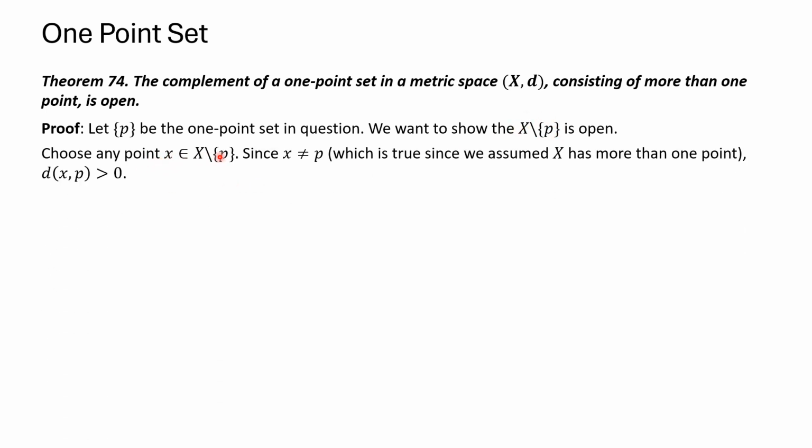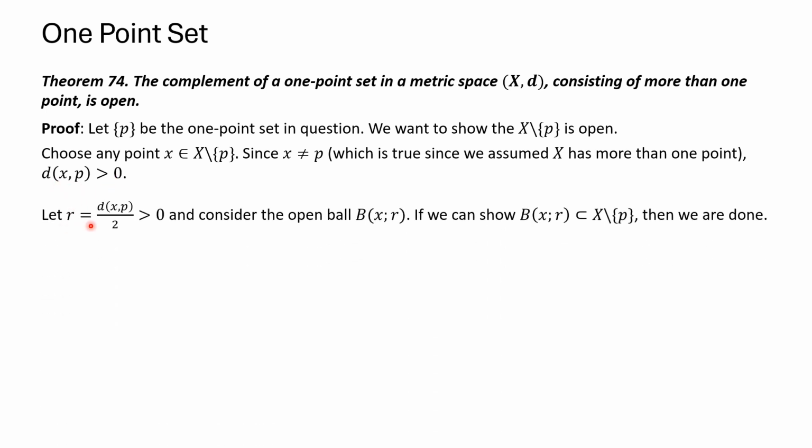Choose any point X, an element of the complement of P. We know that X doesn't equal P. That implies that the distance from X to P is greater than 0. So we let R equal half of this distance and consider an open ball centered at X with radius R.